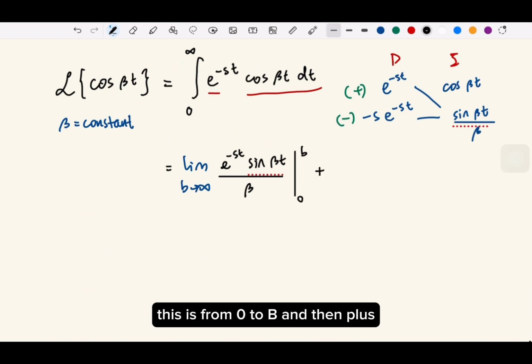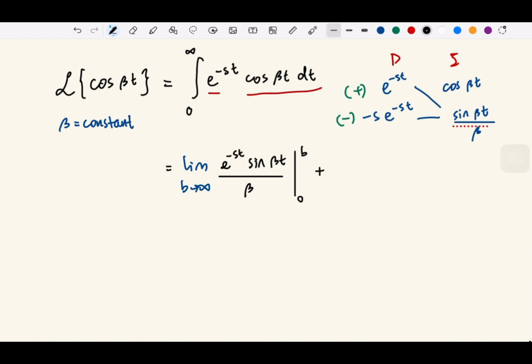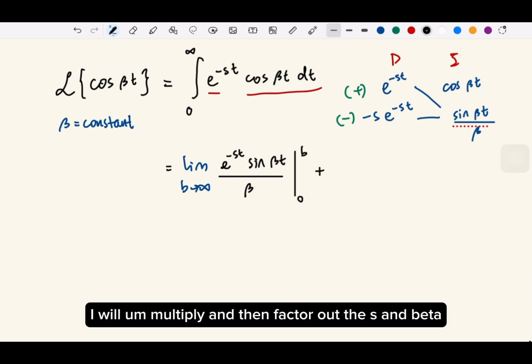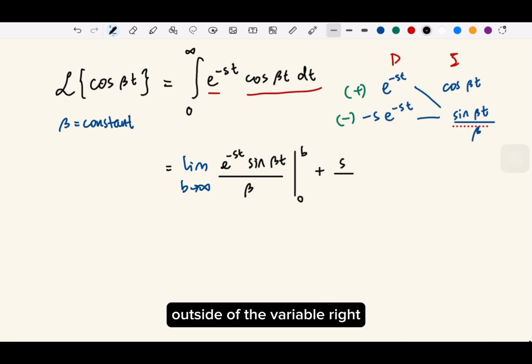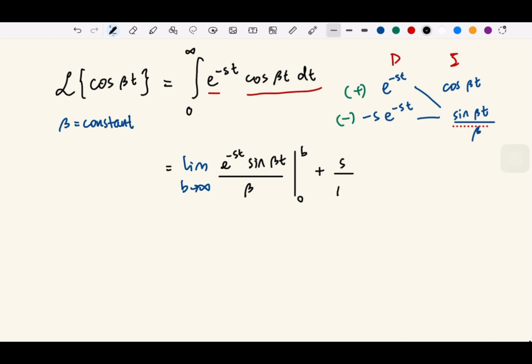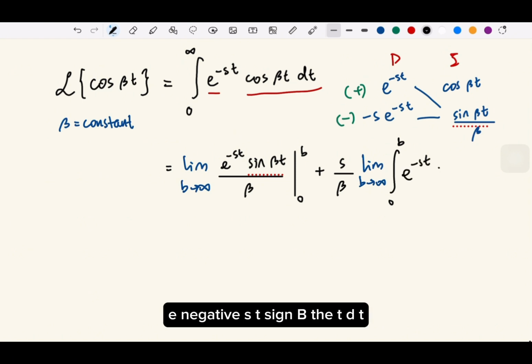And then plus, I will multiply and factor out the s and beta because that is outside of the variable, right? And then write the limit of the integral of e to the negative st sine beta t dt.